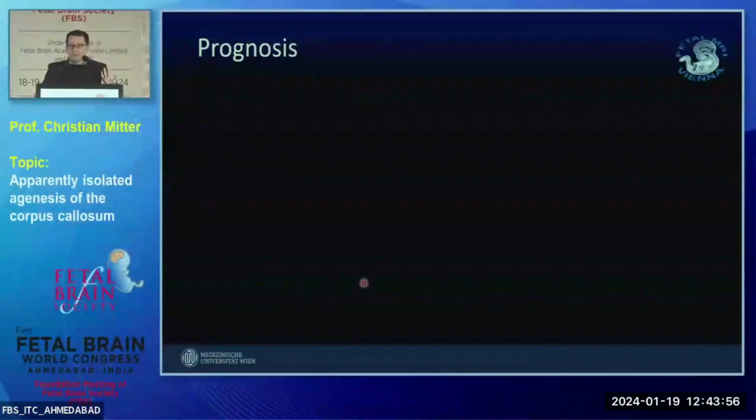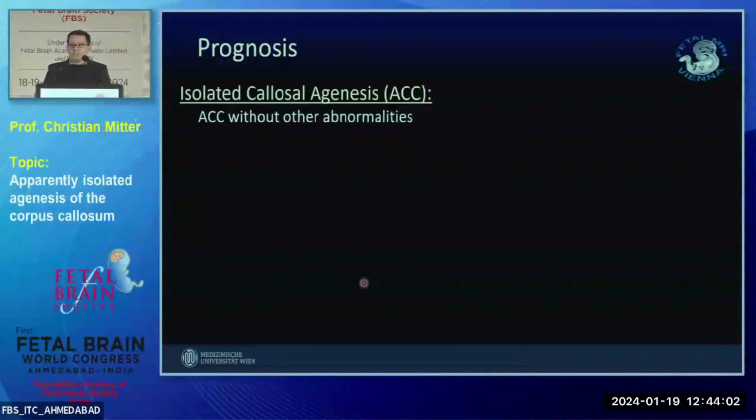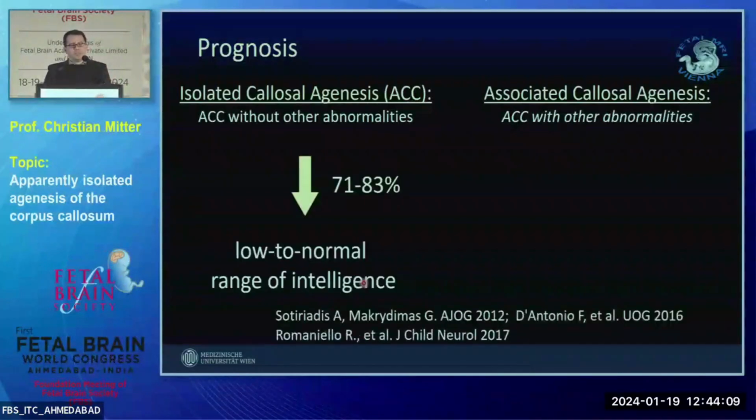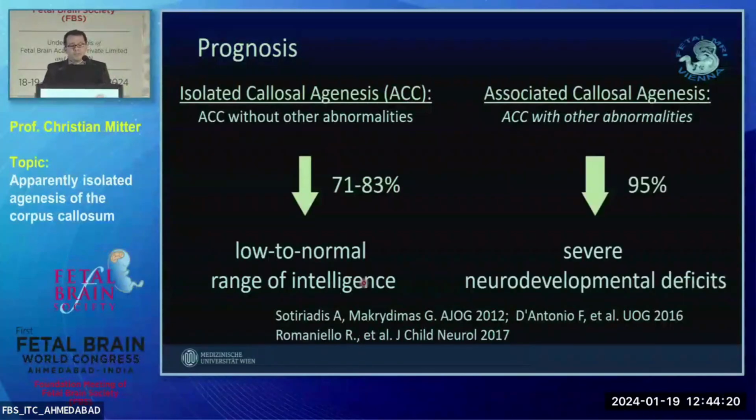And for prognosis, usually the distinction is made between isolated callosal agenesis and associated callosal agenesis. From postnatal outcome studies, we know that most cases of isolated callosal agenesis do not have that bad an outcome, whereas most associated callosal agenesis cases have a rather poor outcome.